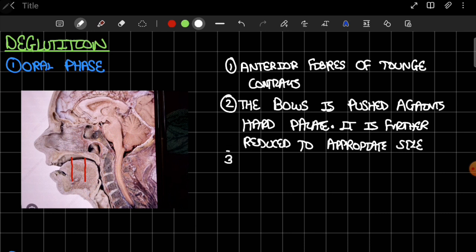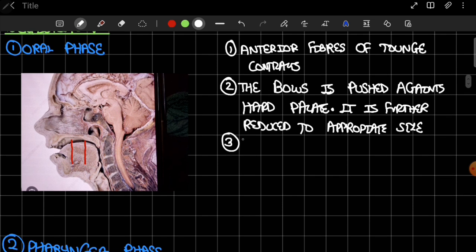Then the bolus is somewhat here. Now if the anterior fiber contracts, this fiber contracts and the bolus is pushed upwards, and further the size of the bolus is reduced, it will be directed to the middle fibers.